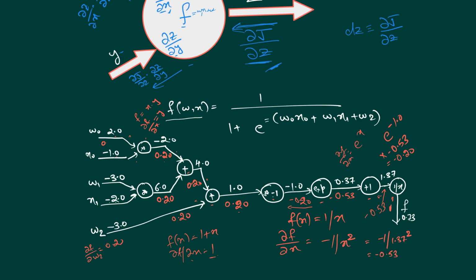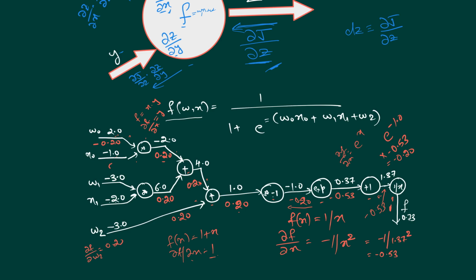So we write it 0.20 multiplied by minus 1. Similarly, the same exact argument for the bottom branch, the local gradient is going to be the value of the top input, which is 2.0. So we multiply 2.0 with whatever is coming in, which is 0.2.